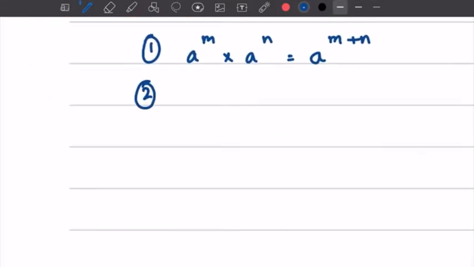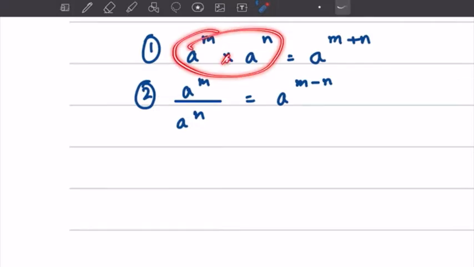Second, we will look at when you have, let's say, a to the power of m divided by a to the power of n. What does this mean? This law states that when you have a number with a power divided by a number with a power, all you're doing is subtracting the powers and keeping the base. So in a way, it's the opposite of this. Here you have multiplication, so you add them.